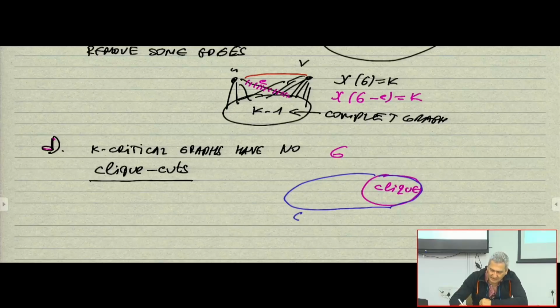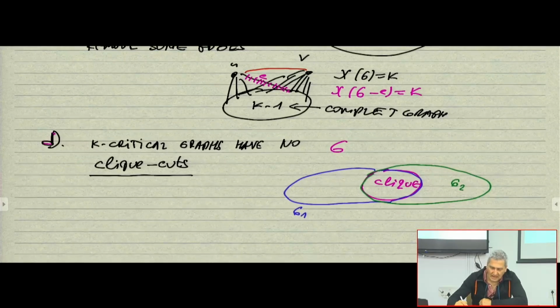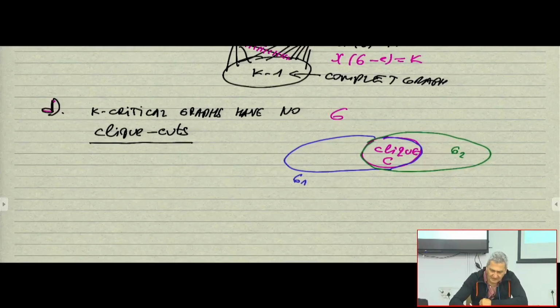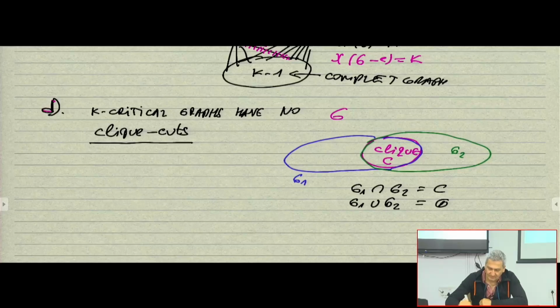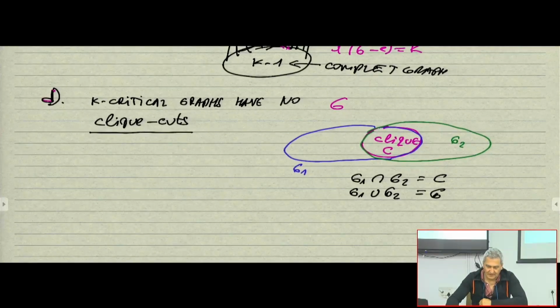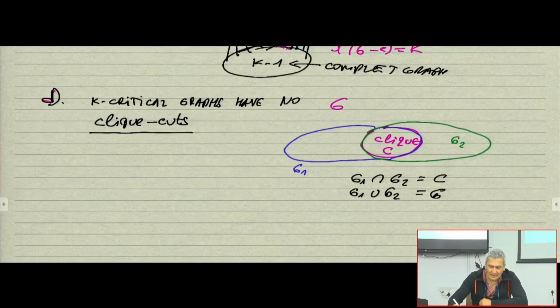This is my graph G1, and this is my graph G2, and this is the clique C. So G1 intersection G2 is our clique C, G1 union G2 is our graph G. Because this is a clique cut, we have at least one vertex here, and at least one vertex here.